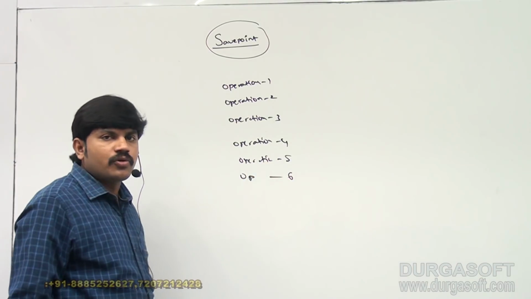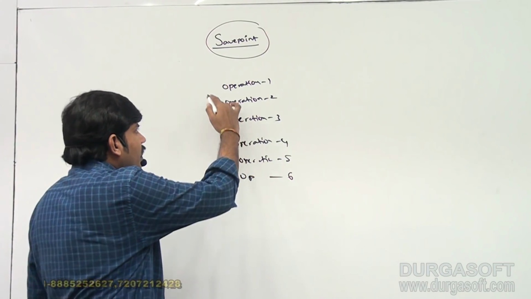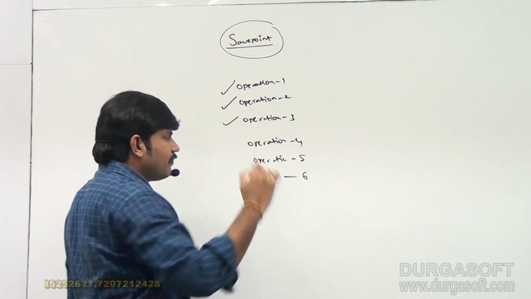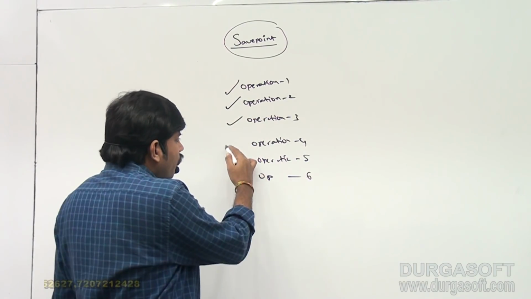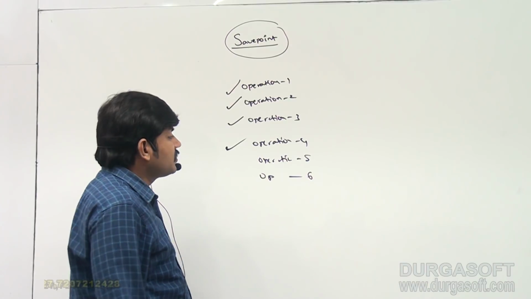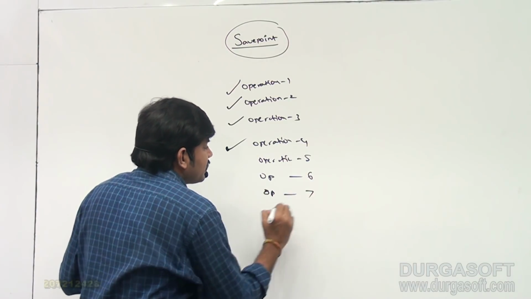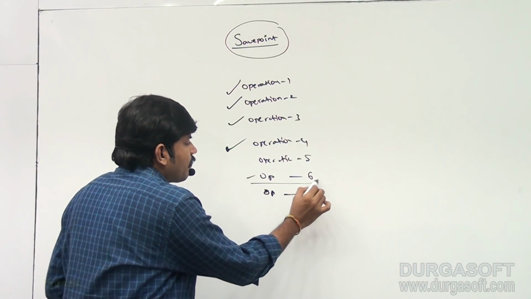Like, I have a total of 6 operations. 1 completed, 2 completed, 3 completed, 4 completed, and somewhere, while executing 6, the problem came.